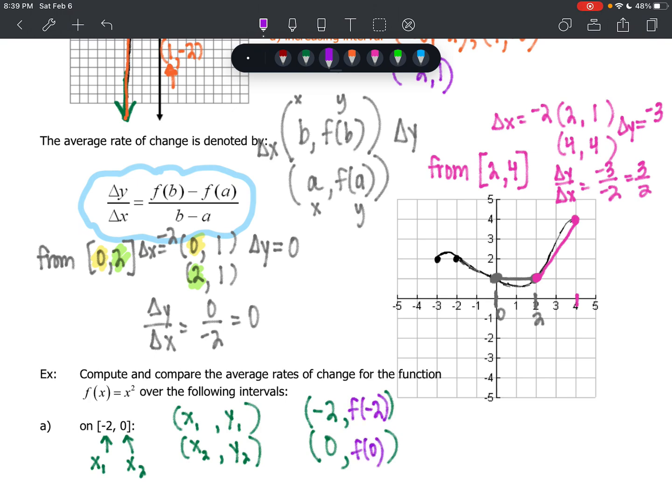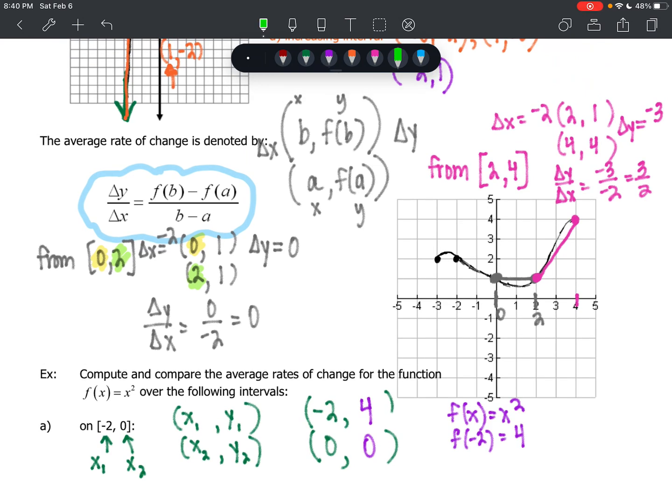How do I figure out what f of negative 2 is? Well, f of x is equal to x squared. So f of negative 2 is going to equal negative 2 squared, which is 4. So f of negative 2 is 4. f of 0 is 0.